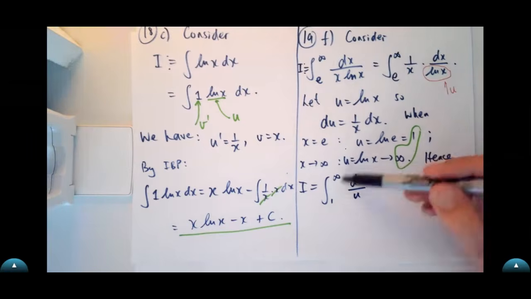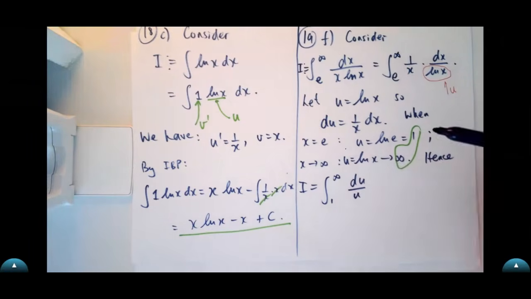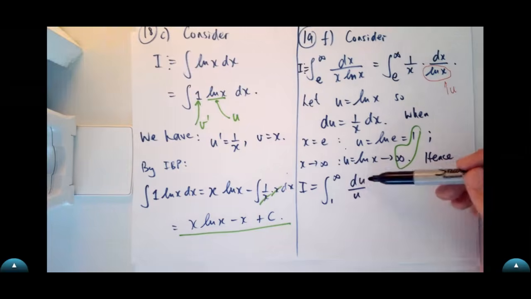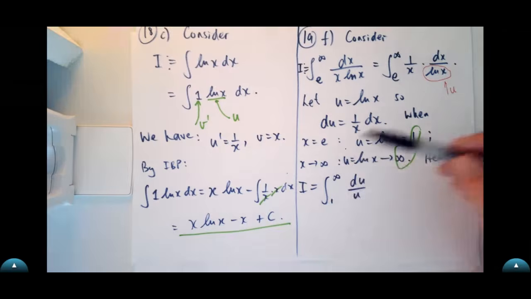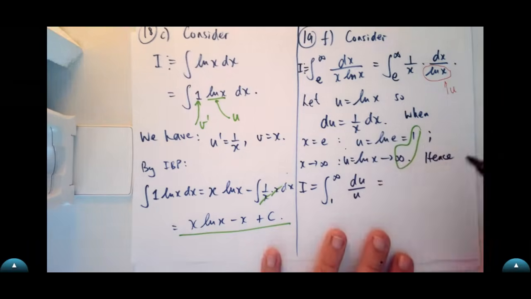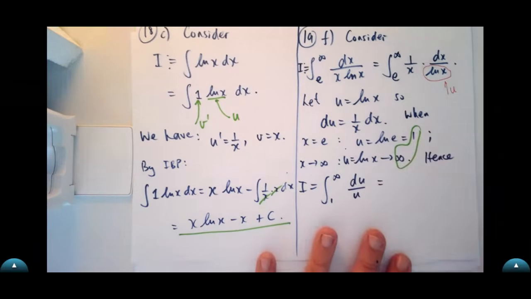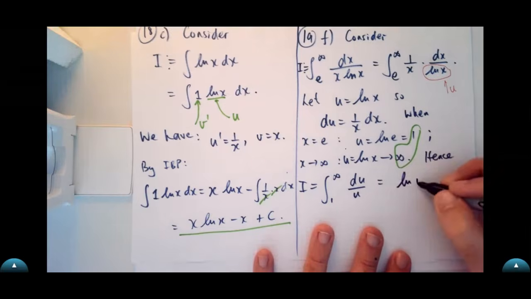Now, you can see that this is a super easy integral, right? If I integrate 1 on u with respect to u, I get the logarithm, and u's positive here, so we don't need to worry about absolute values or anything like that.